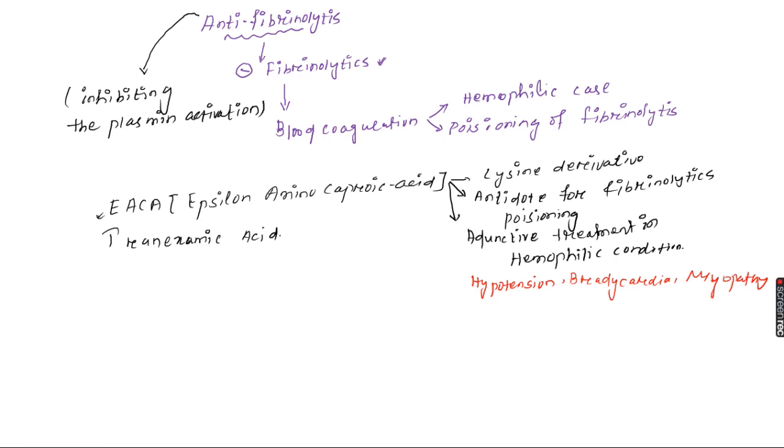Okay, the next drug is tranexamic acid. It is 7 times more potent, and it binds to the specific lysine binding site of plasminogen. So what are its uses? Where is tranexamic acid used?